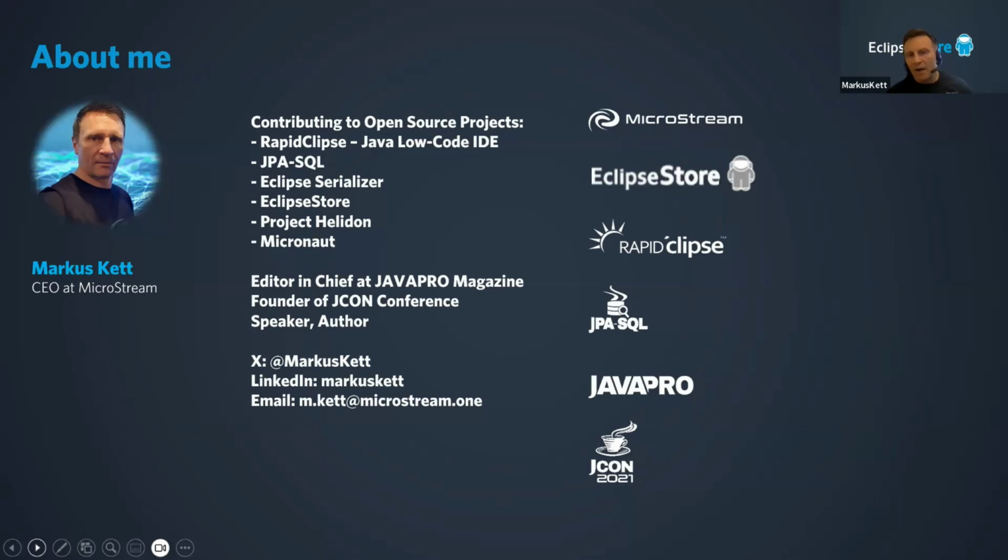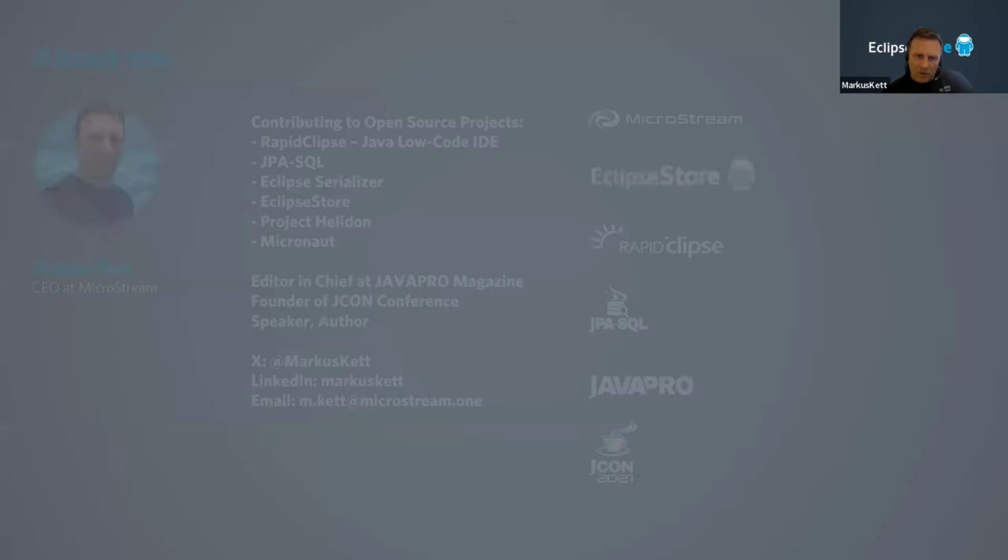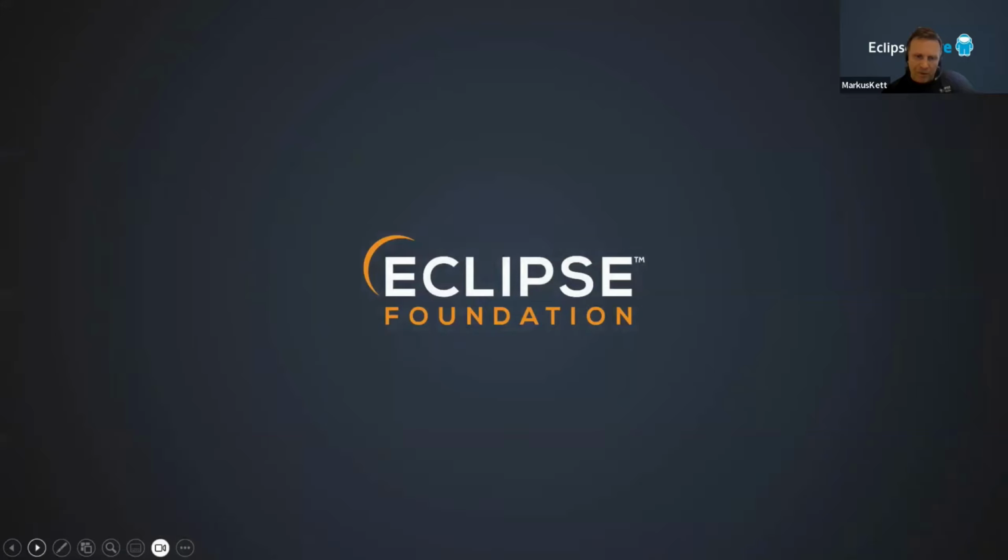We tried to improve Hibernate programming with Eclipse, and this was the starting point for EclipseStore more than 10 years ago. So this is the history of the project and where we started from.